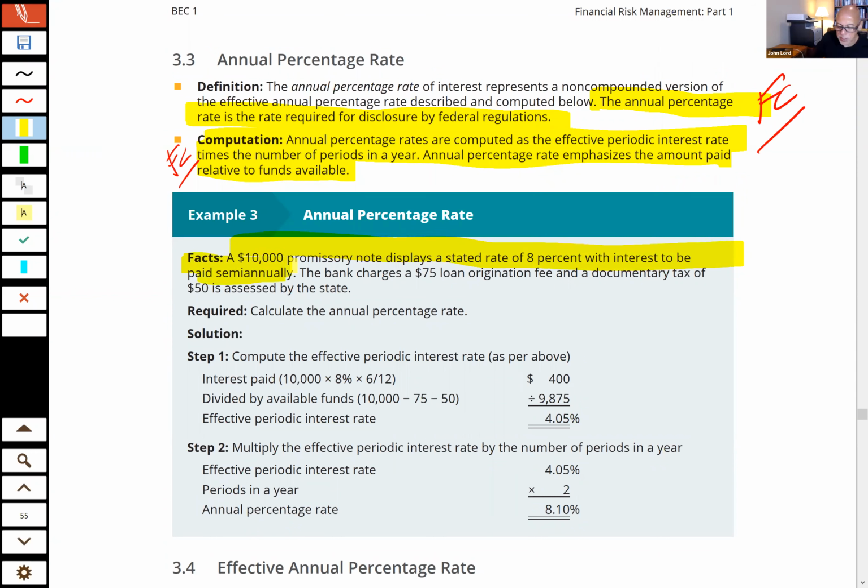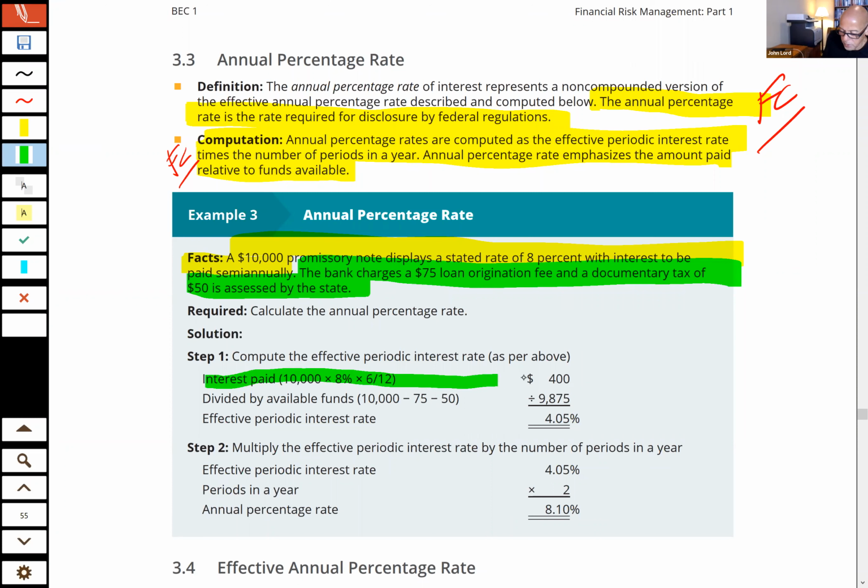And because it's paid semi-annually, we're going to have to turn that into an annual percentage rate under federal requirements. So the state charges a $75 loan origination fee, and there's that $50 fee by the state. So again, the interest paid is going to be in the numerator, and then we're going to divide that by the net proceeds after considering those fees.